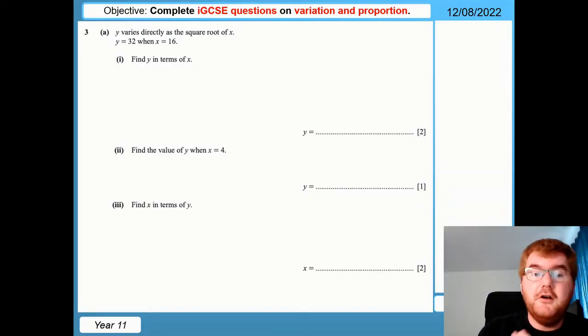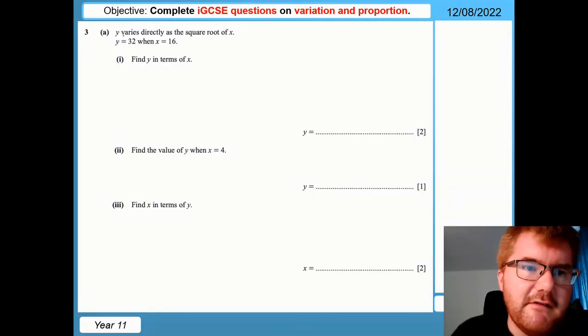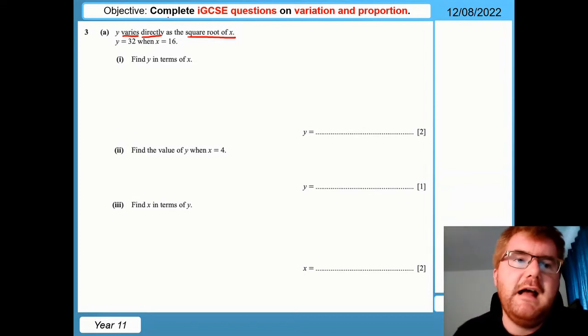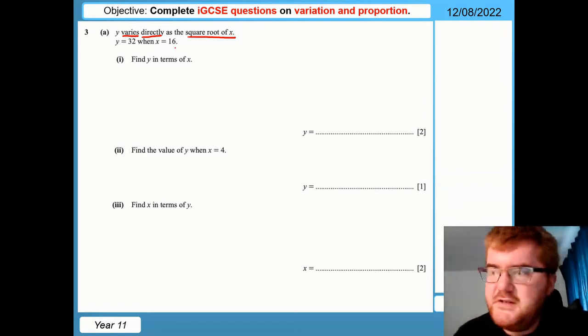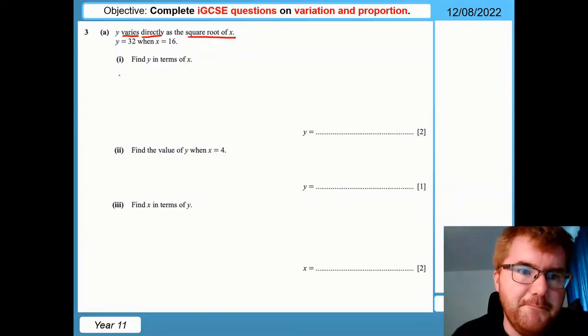Okay, and carrying on, so this is a bit more of a meatier question here. So, y varies directly. Notice I'm always underlining this as the square root of x. We haven't seen that yet as a style of question, and given some initial conditions, and we need to find y in terms of x. So again, this is the most important skill right at the start, making sure we write this correctly.